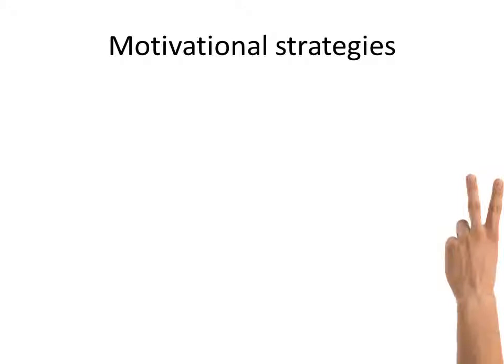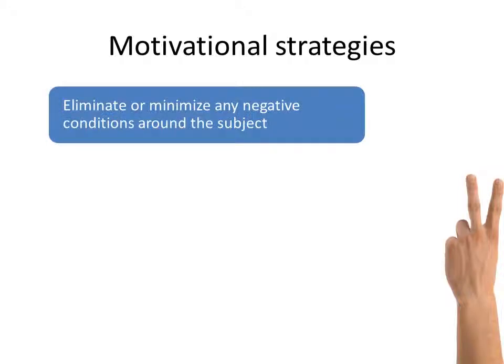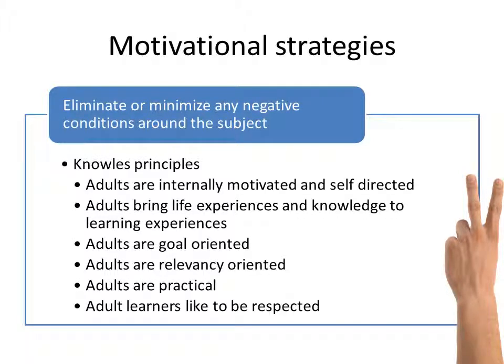The second motivational strategy is to eliminate or minimize any negative conditions around the subject. This is very linked to the principles of adult learning. Adult learners are internally motivated and self-directed. Adults bring life experience and knowledge to the learning experiences. Adults are goal-oriented.